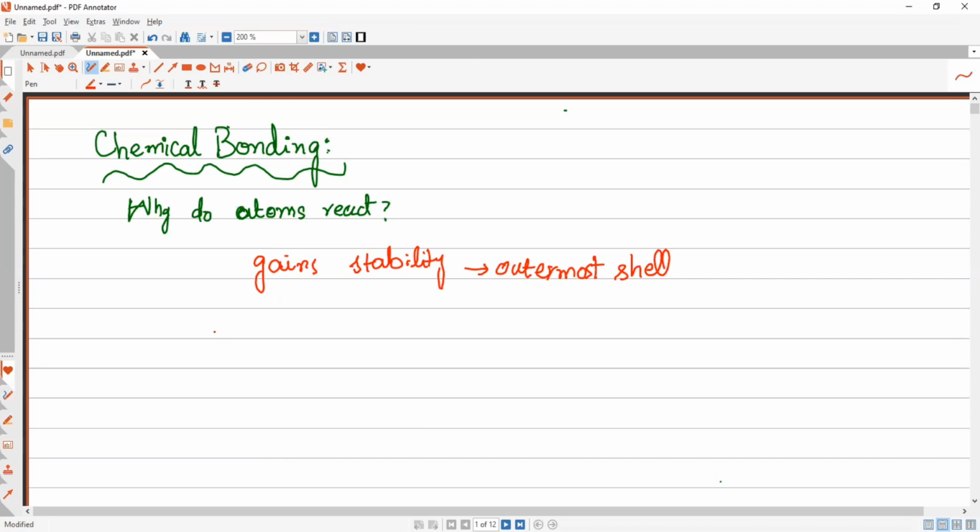For example, sodium. Sodium is a metal from group 1A, and it has 11 electrons in its structure. So it means that it has atomic number of 11. So when we arrange these 11 electrons in different shells, the structure becomes like this.